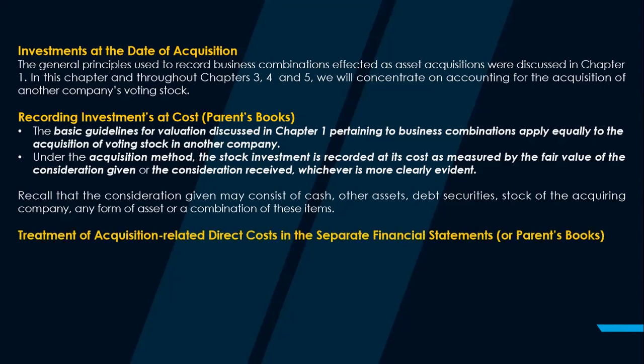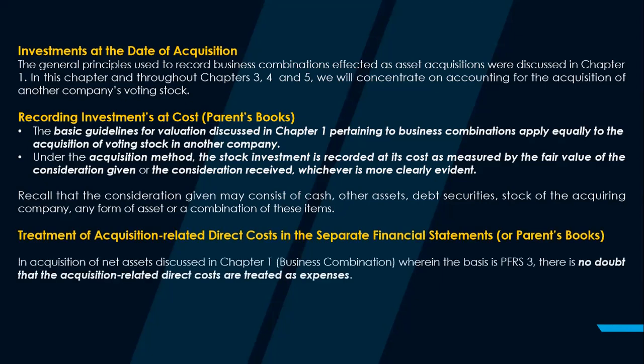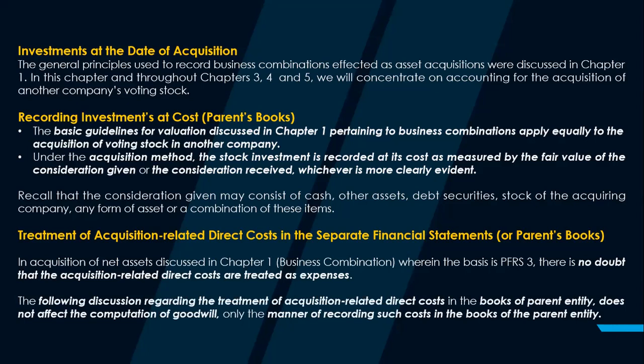Treatment of acquisition-related direct costs in the separate financial statements or parent's books: in acquisition of net assets, discussed in Chapter 1, Business Combination, wherein the basis is PFRS 3, there is no doubt that the acquisition-related direct costs are treated as expenses.